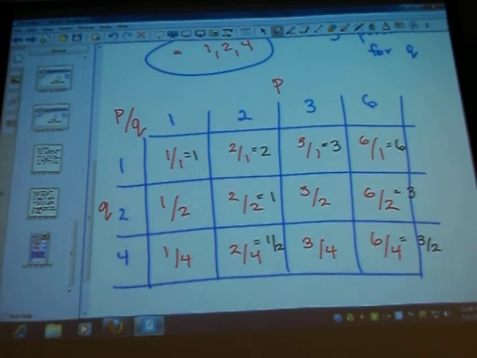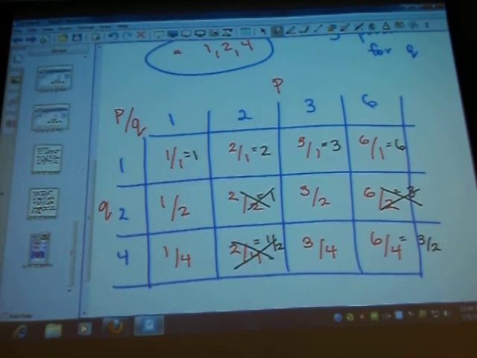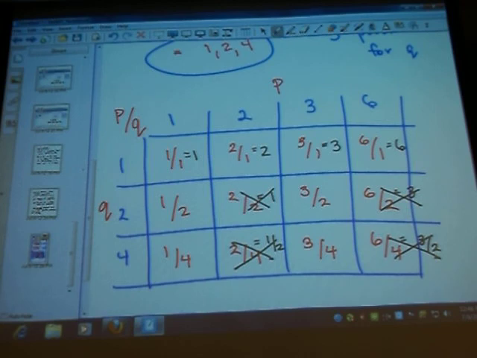So 2 over 2 would be gone. 6 over 2 is gone. 1/4, 1 half we already have. 3 halves we already have. Okay, so 4 of them were duplicates. What about that 1? It'll go out too, right? The second one goes. First one needs to stay.